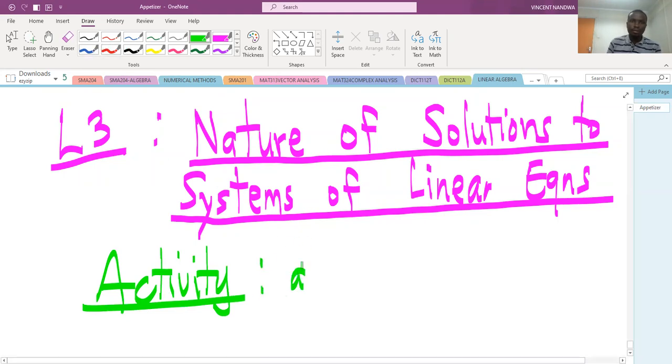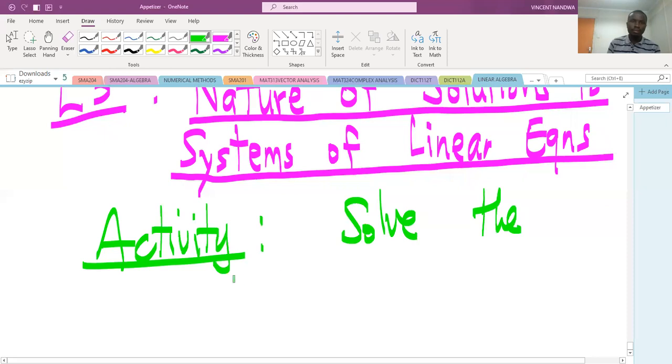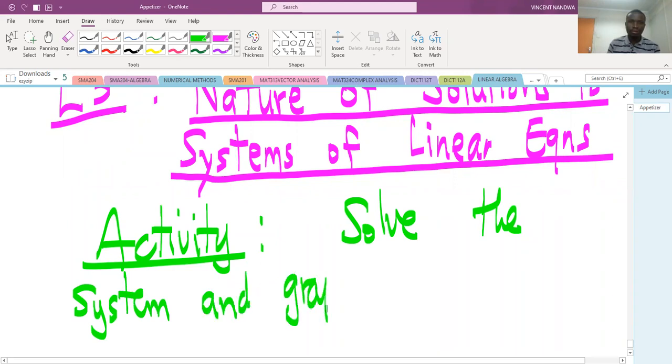So A, solve. Actually, this will apply for all the activities: solve the system and graph the equations.